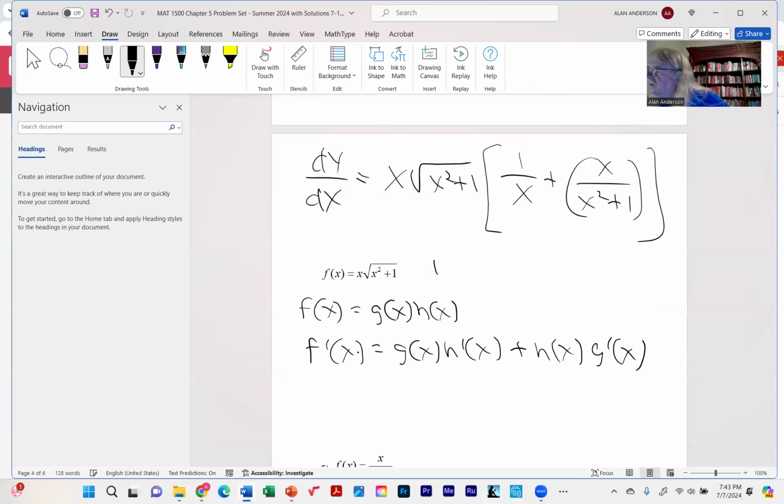Which means here g of x rather is x. G prime of x is 1. H of x, I'm going to write as x squared plus 1 to the 1/2 power. We have to be careful here because h prime of x requires us to use the chain rule.